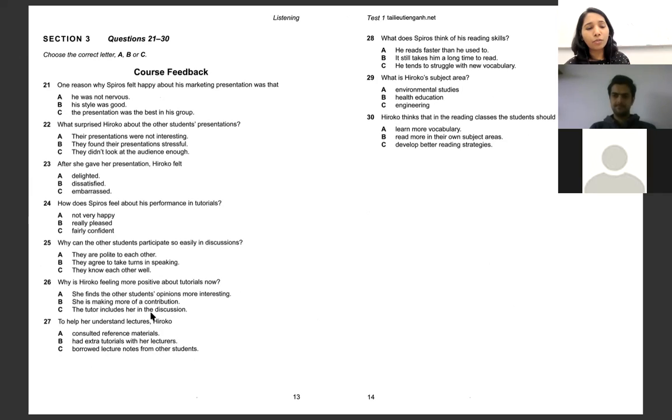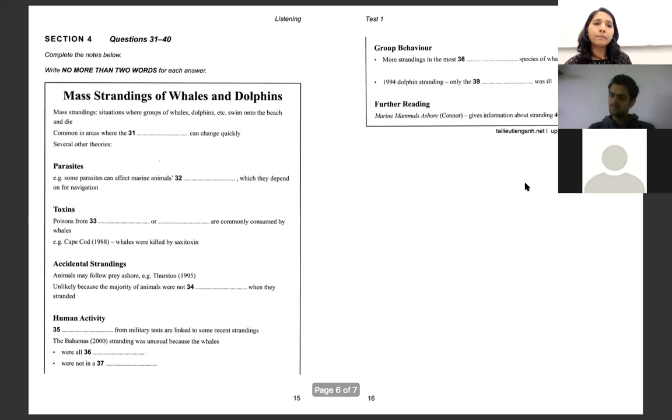Maybe 21 to 27 would be a map or a diagram completion, where he tells you on your left you can see this, on your right you can see this, where they lead the listener, and 29 to 30 could be a multiple choice question. So expect a diagram completion or a map completion here. We will come across those questions in the further days as we move on with other listening classes as well.